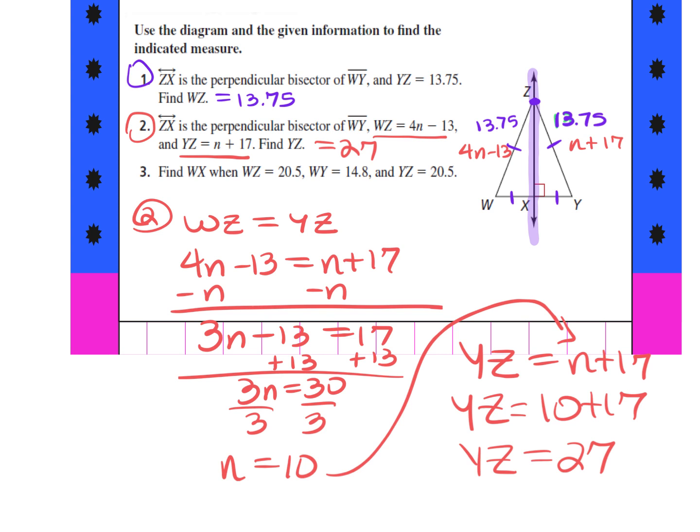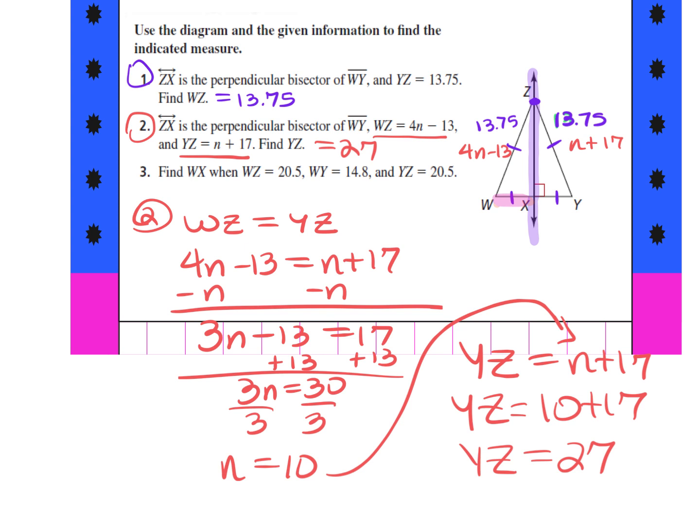And now for number 3, I'll do this one in pink. So here it says to find WX. Well, WX is this little piece right here.